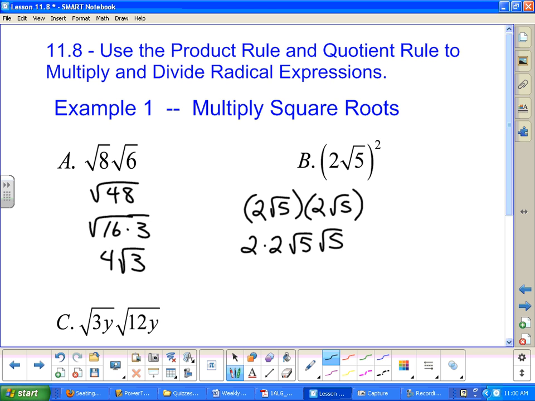So I made it so that the constants are being multiplied together, so I can put them together and then put the radicals together. Okay? What's on the outside of a radical can't go to the inside. And what's on the inside can't come to the outside unless it's simplified correctly. So this is now 4 times the square root of 25. And what's the square root of 25? 5. And 4 times 5 is 20.